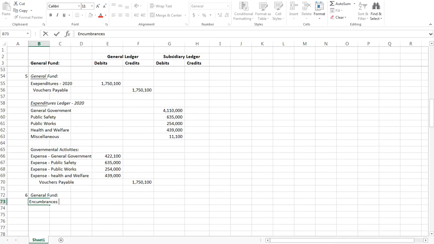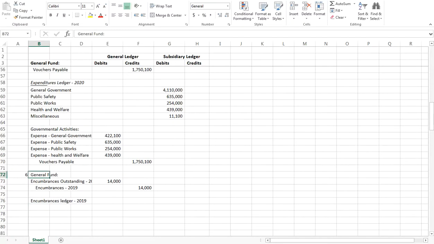And those are from the prior year. And they were booked at $14,000, so we are basically reversing that entry for $14,000 in the general fund. And then we go into our encumbrances ledger, 2019 still.